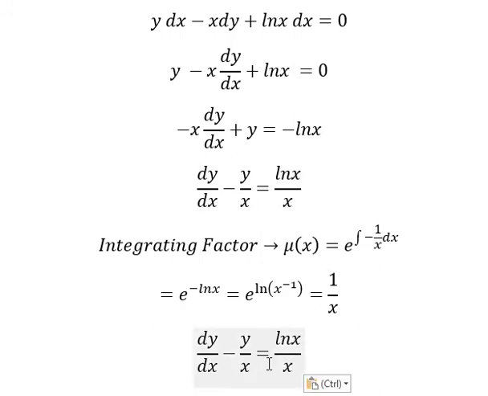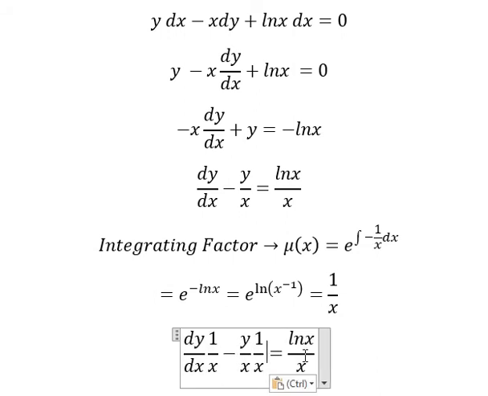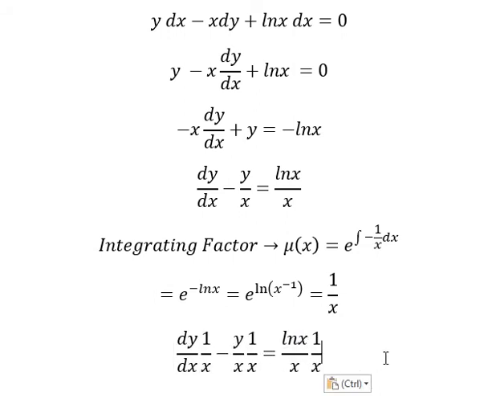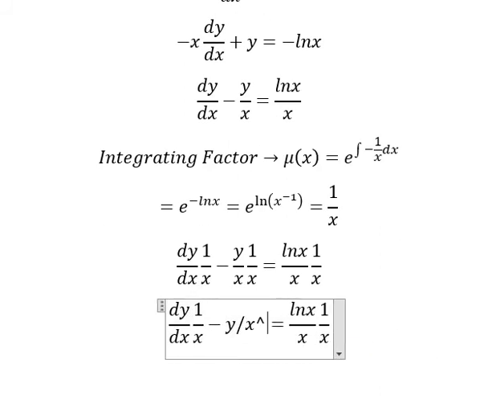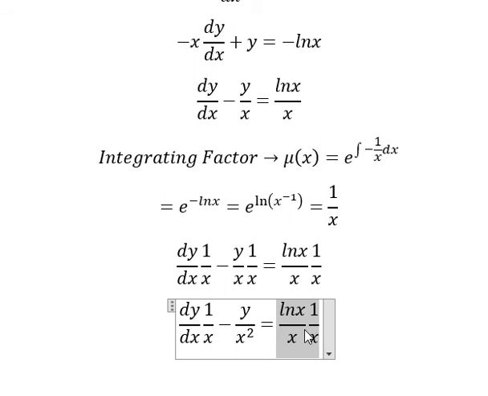That means we need to multiply both sides by 1 over x. So we have y over x squared. Similar for this one.